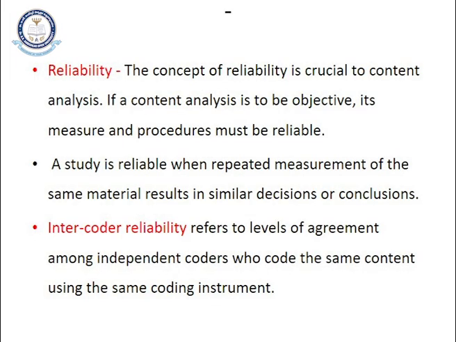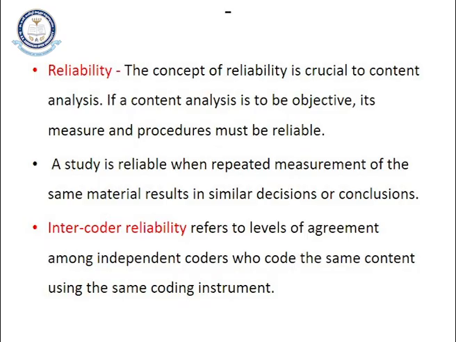The concept of reliability is crucial to content analysis. If a content analysis is to be objective, its measures and procedures must be reliable. A study is reliable when repeated measurement of the same materials results in similar decisions or conclusions.